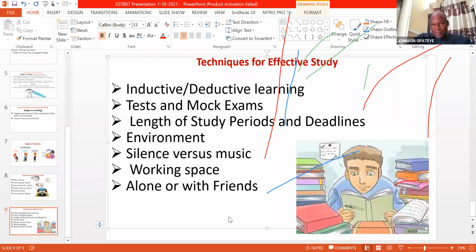I generalize, and from the generalization I bring out something specific. Inductive learning means you start your studying by reading several materials on the same subject, and at the end of the day, you conclude: what is the inference you are taking home from all these things you have studied? That is inductive. But when you are doing deductive, you start from the inference.